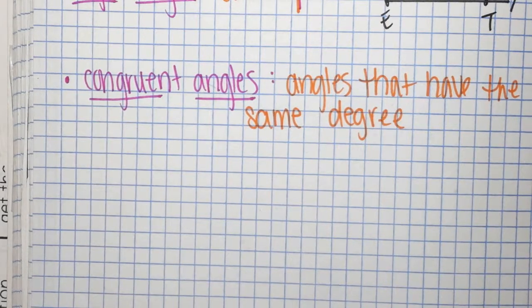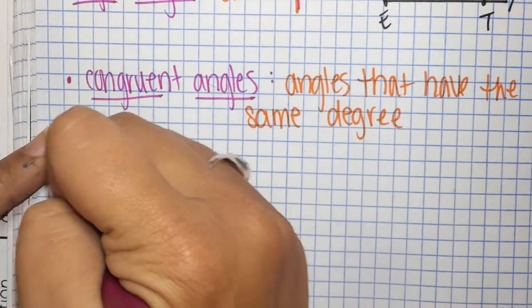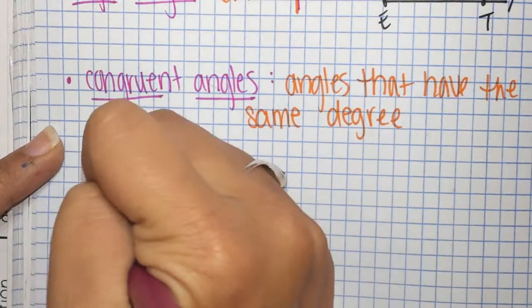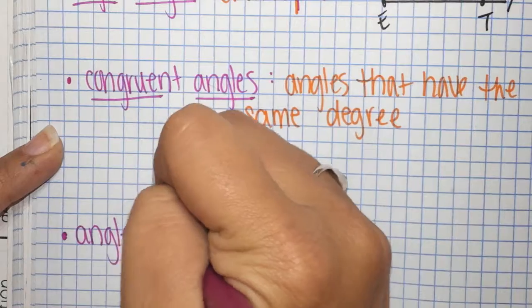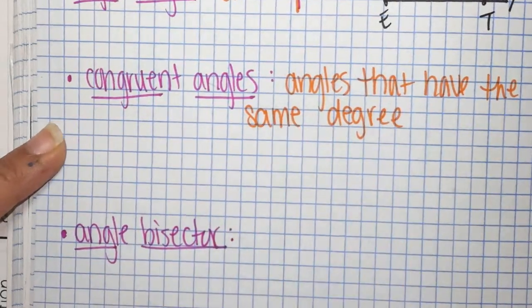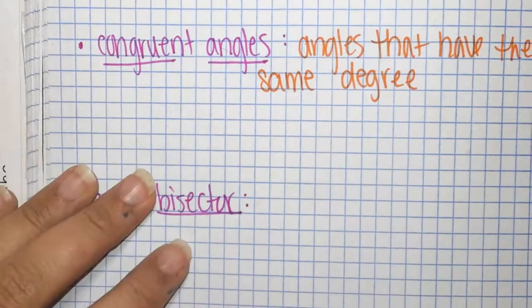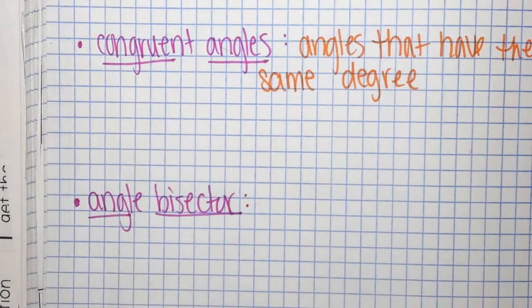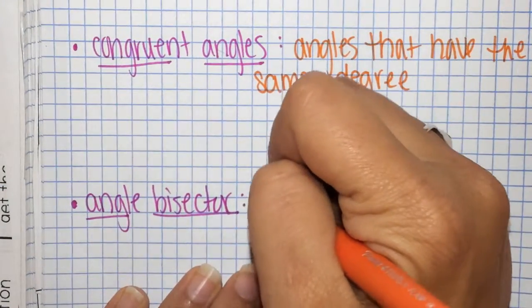And the last one that we're going to define is angle bisector. What do you think an angle bisector is? It splits an angle in half. Would an angle bisector be a ray? Yes, it is a ray that cuts an angle in half.